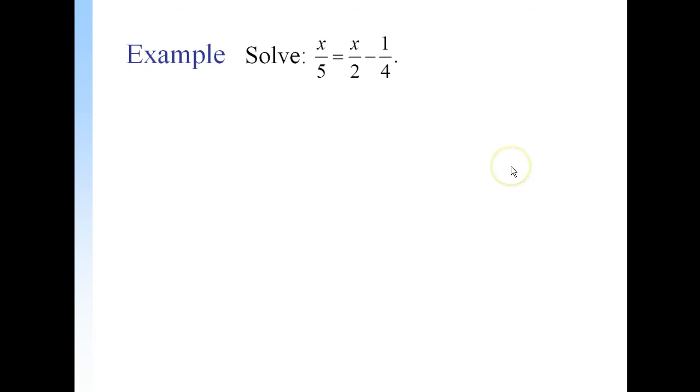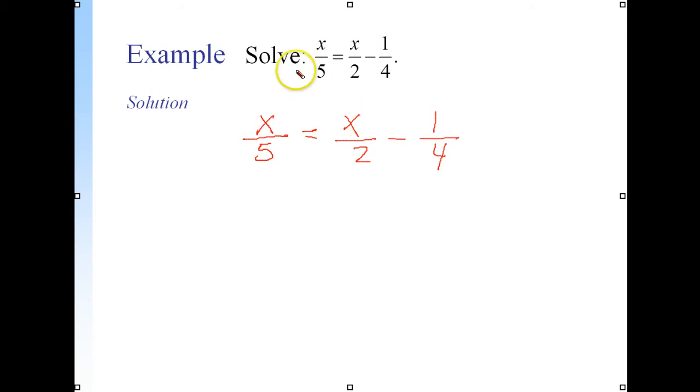Okay, let's work this one first. Now, a good technique would be to copy your equation down, which is what I've done, so we don't destroy the original. You want to have what your original equation looked like so you can check it.